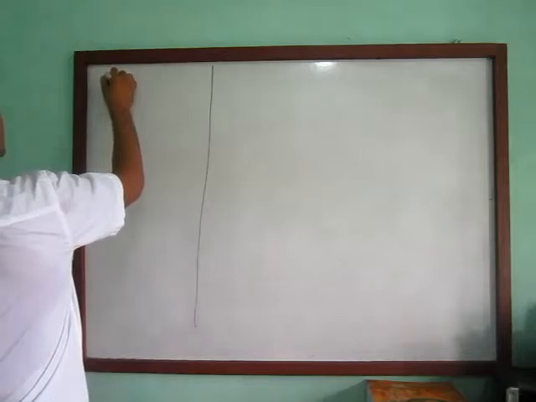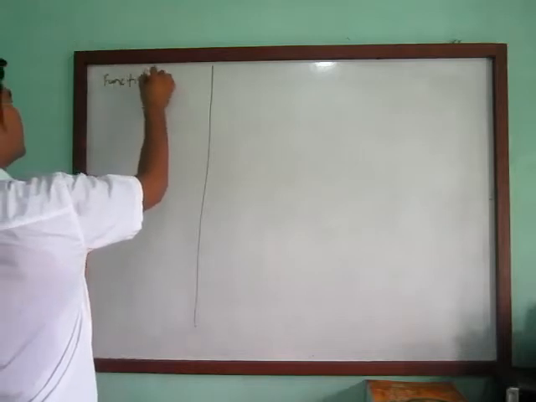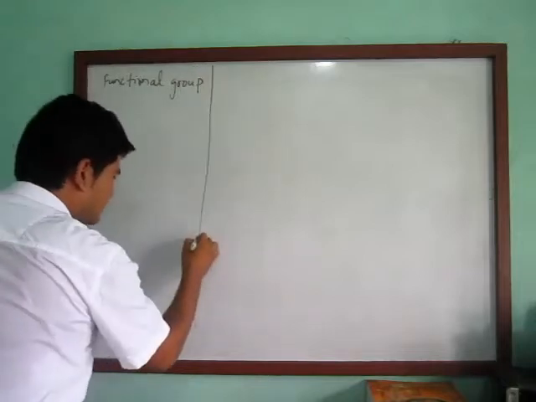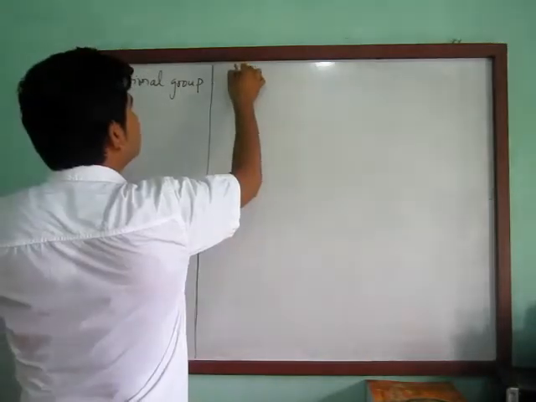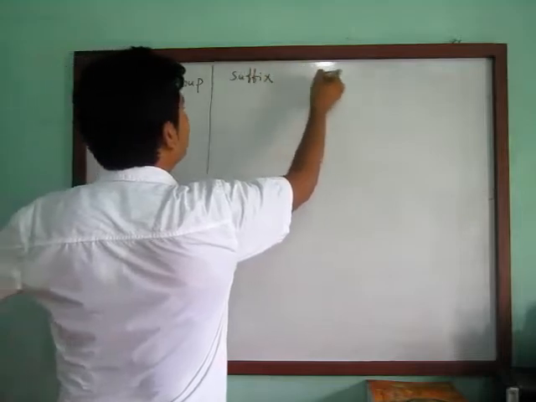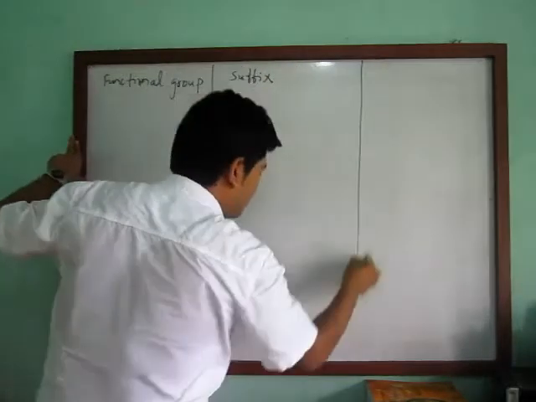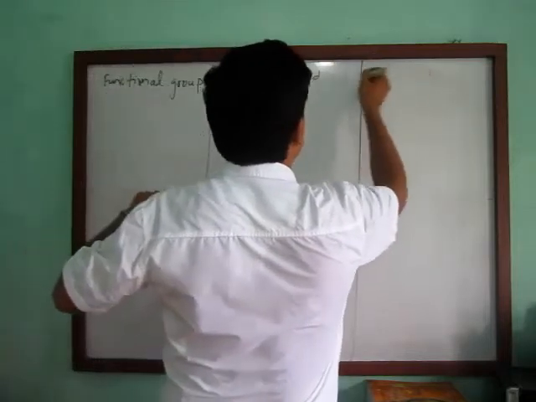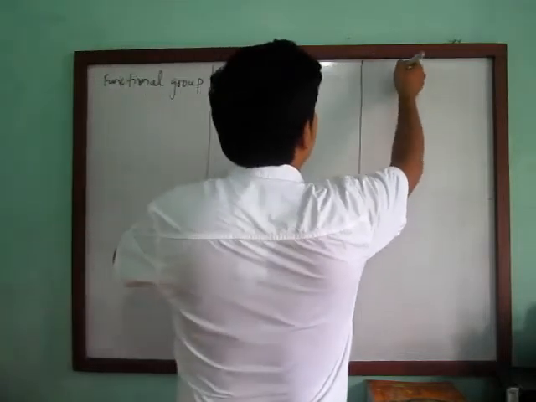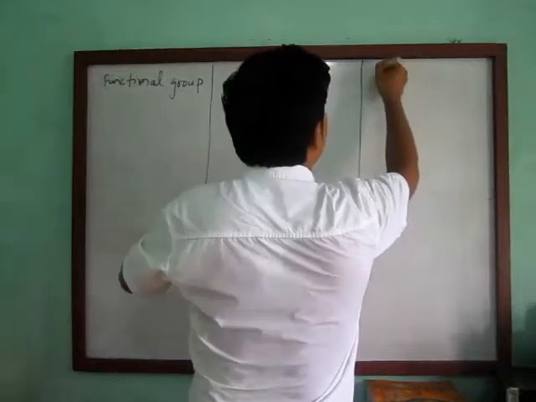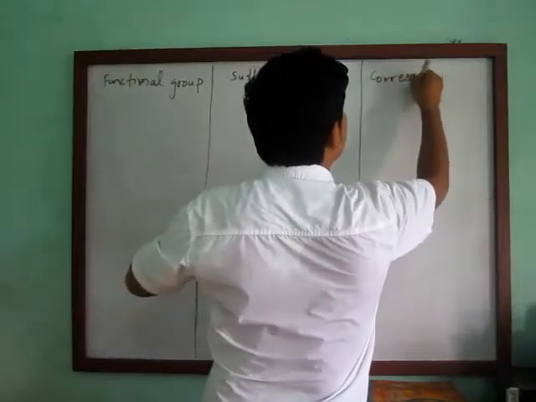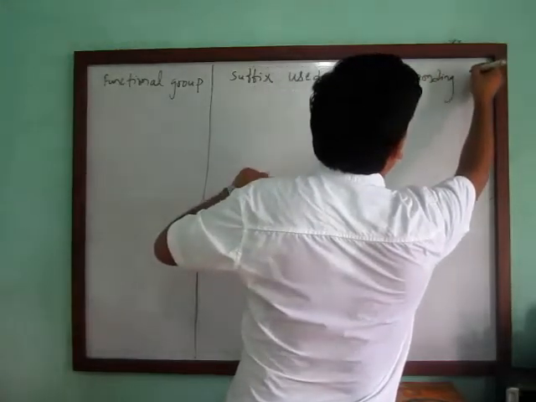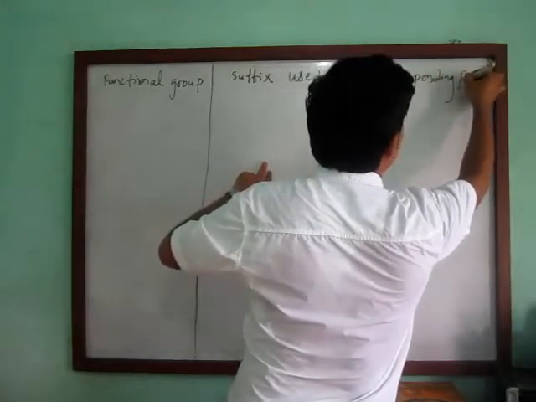So you can write here functional group, and you can write here name of suffix used, and similarly you can write here corresponding family.